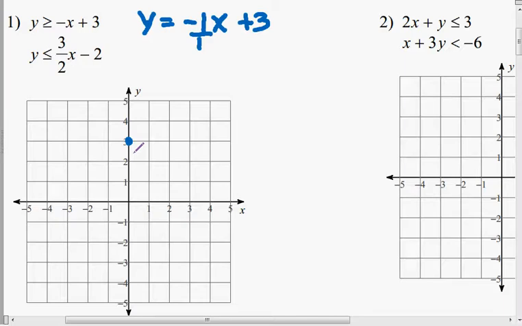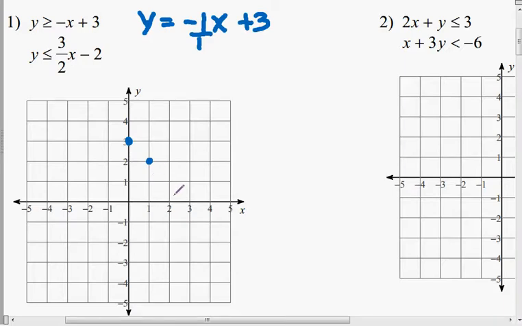And then I take the number that's next to the x, the coefficient of the x, and I use that for my slope. That's why I divided it by 1. Now I have a rise and a run. So I start at my point, and I rise negative 1, because the rise is the numerator, and I run 1.